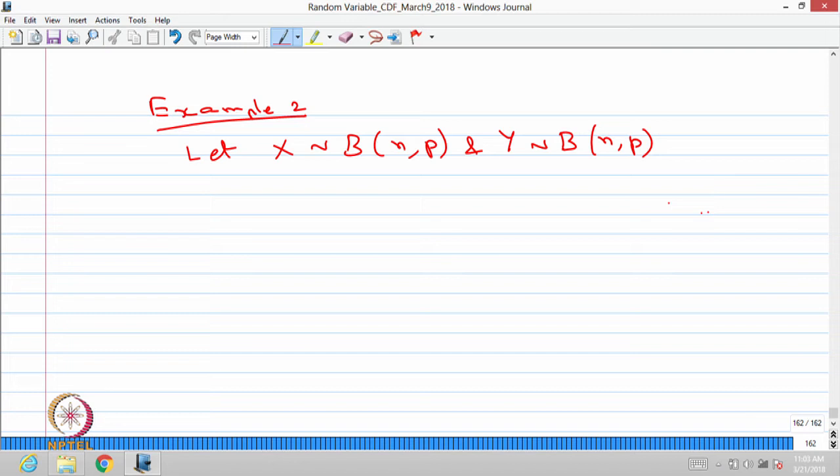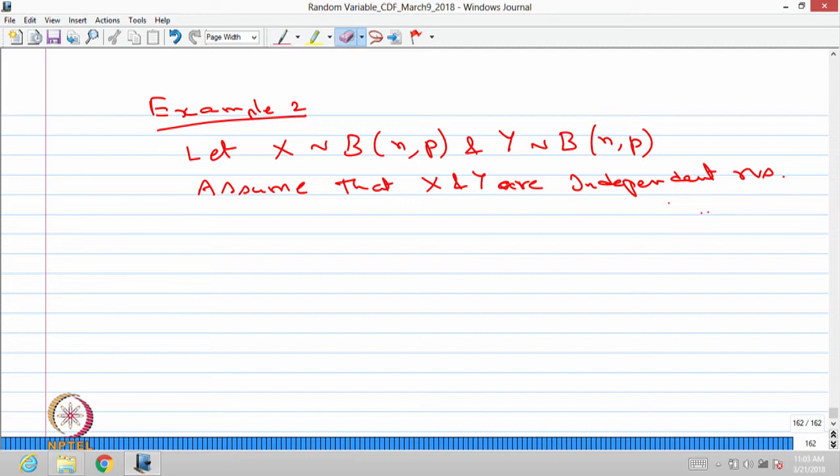And I assume that the random variables x and y are independent. I assume that x and y are independent random variables. The question is, find the distribution of x plus y.